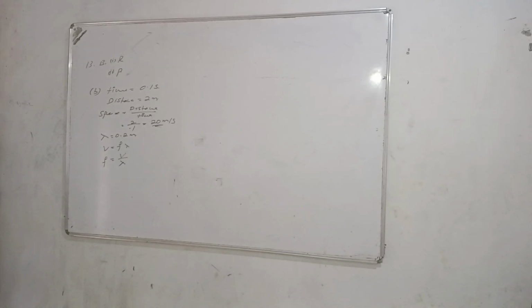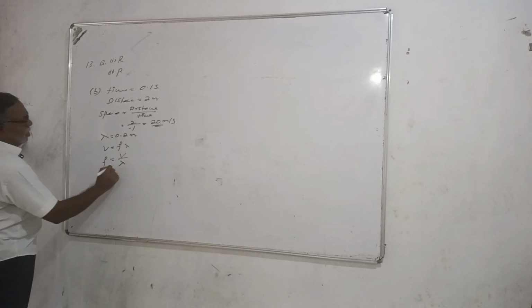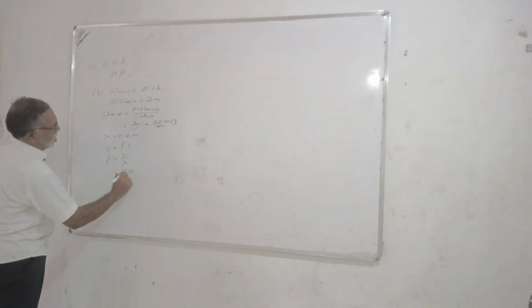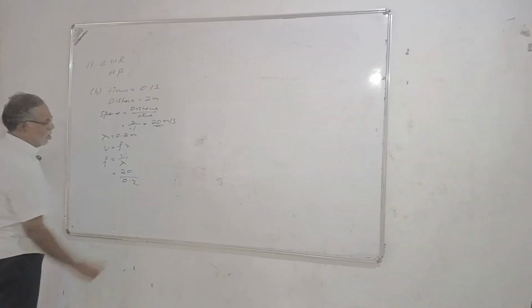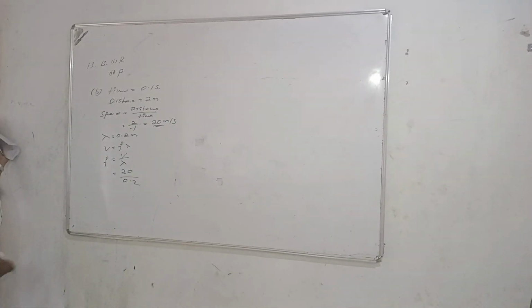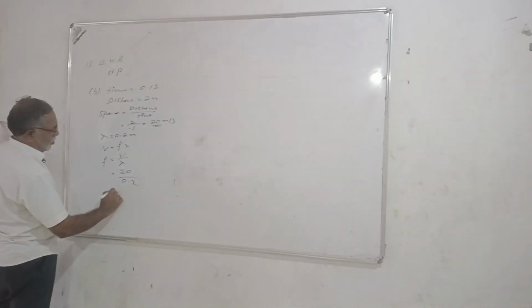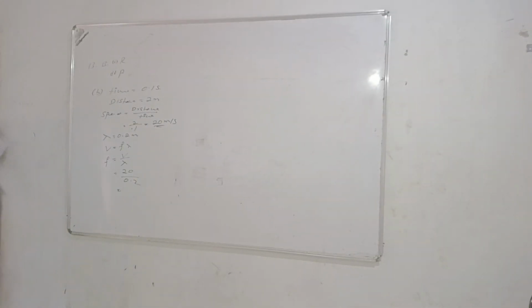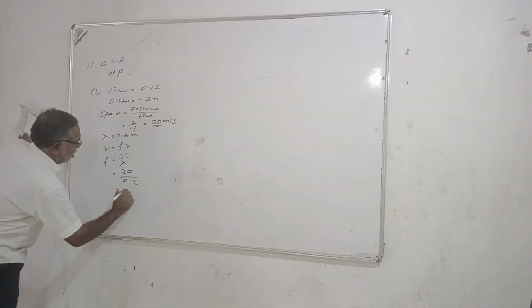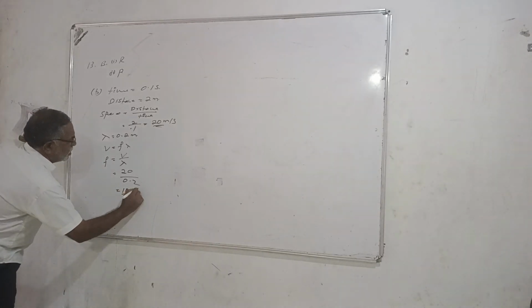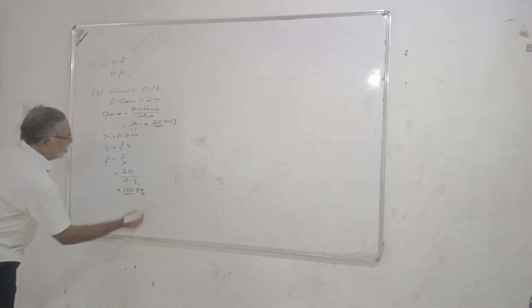V is 20 and lambda is equal to 0.2. That is 200 divided by 2, that is 100 hertz.